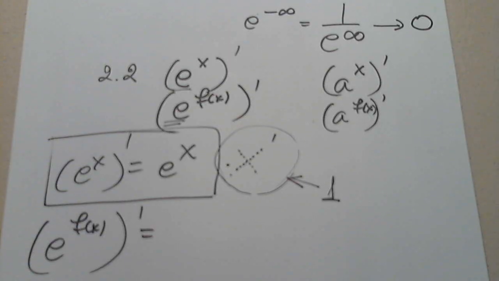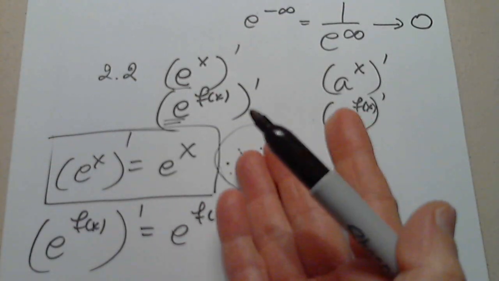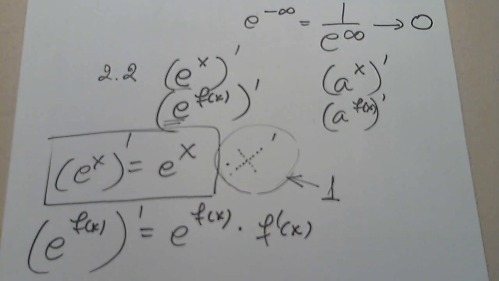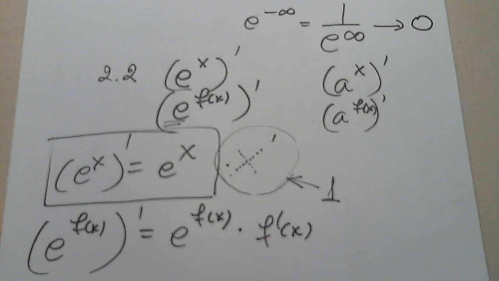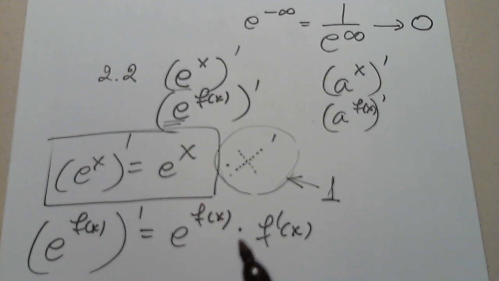Who would like to try? Yes. E to the f of x and then times f of x prime. We have no choice. Thank you so much, because this is a function. And you can say, but x is a function. Yes. But when we say f of x, we really mean anything but plain x, because there is no need. This will be 1.